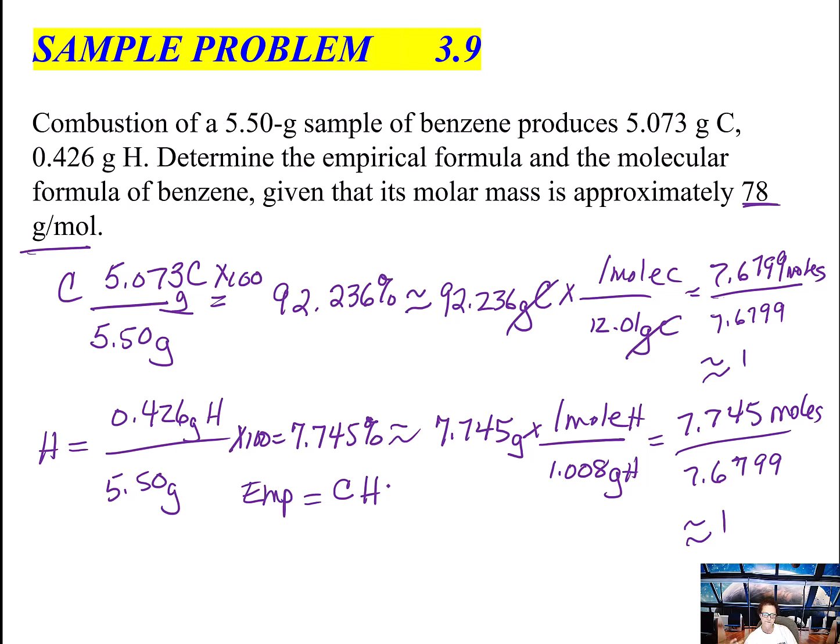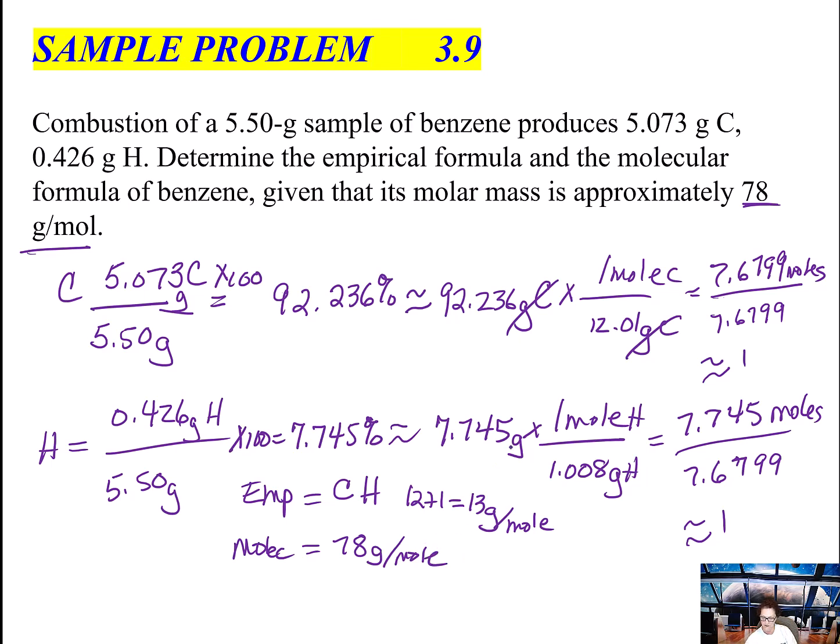In order for me to find out what the actual molecular formula of benzene is, I need to first see what the empirical formula weight is, and that's pretty easy. That's 12 plus 1 equals 13 grams per mole. It told me that the molecular mass is 78 grams per mole. So remember what I do?